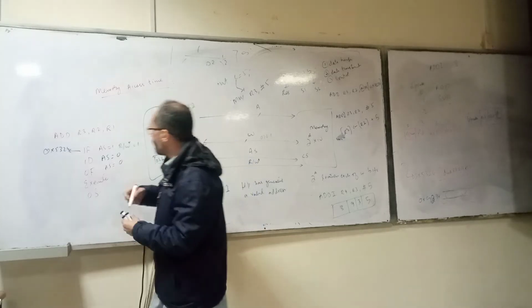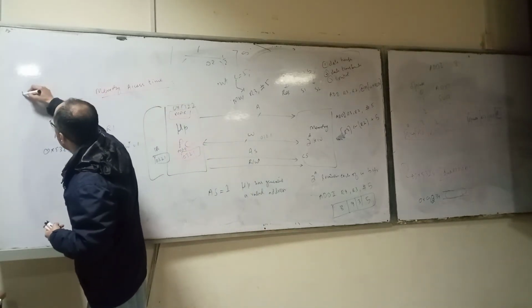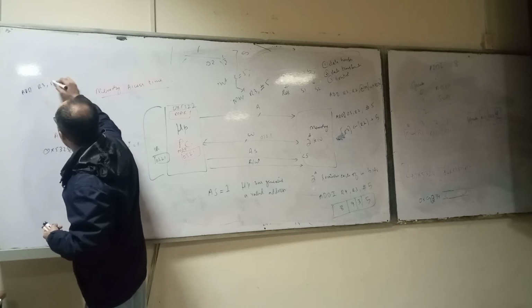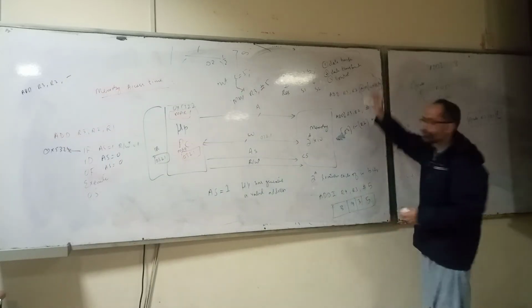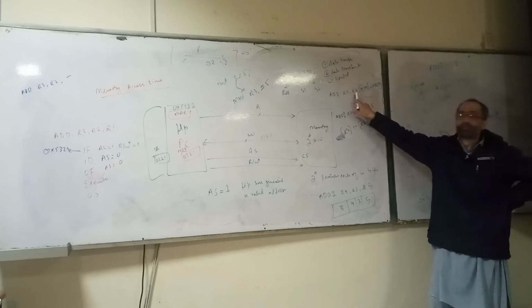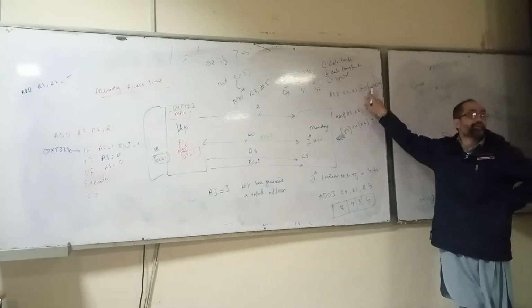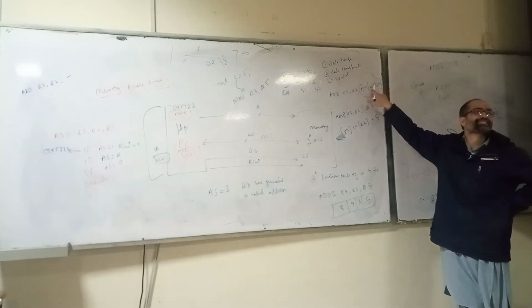But let's assume we have an instruction like add R3, R2, and so on. For this instruction, the first operand is in a register. However, the second operand is in memory, so you need an address strobe for this.